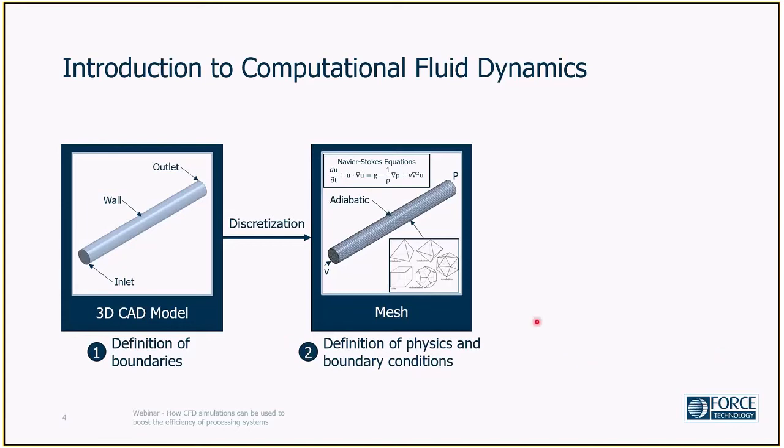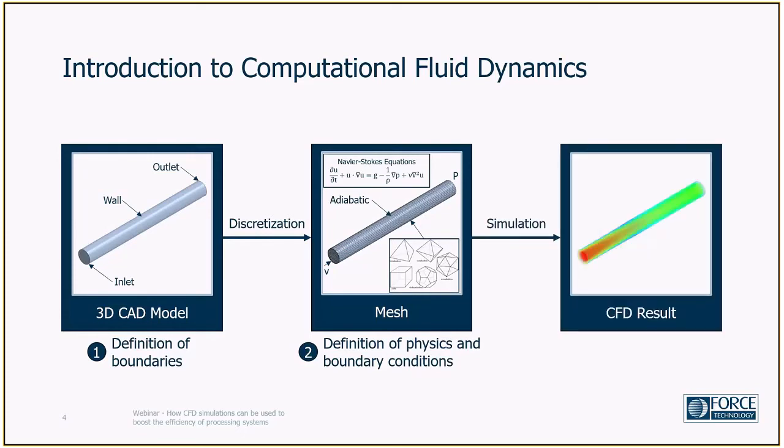And at this stage, we also define the boundary conditions, such as the velocity and temperature at the inlet of the domain, and maybe the pressure at the outlet, and then also the boundary conditions of the walls. In this case, we can set it as an adiabatic wall, but we can also model the heat transfer through the wall if we think that it's relevant.